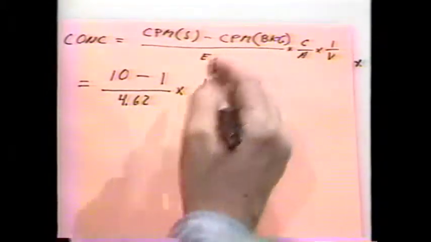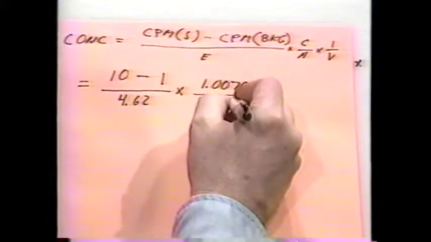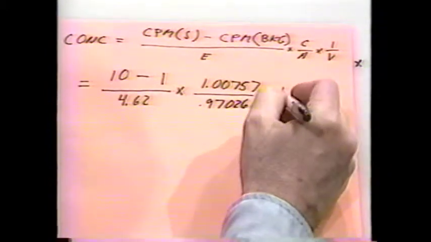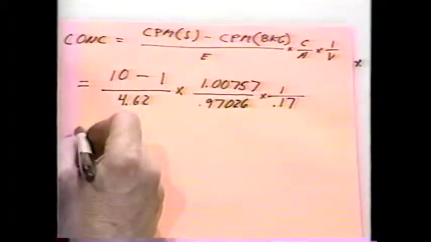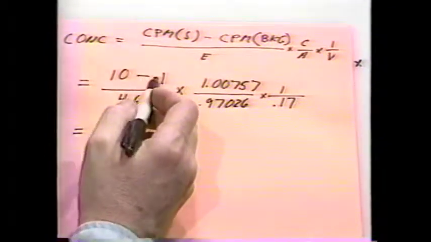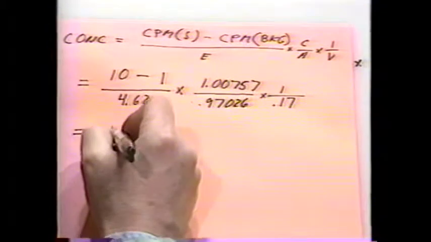The correction factor A was 0.97026. And then it's 1 over the volume, which is 0.17 liters. And so now 10 minus 1 is obviously 9, divided by, and I'm going to just do this division now, 9 divided by 4.62 is 1.95.